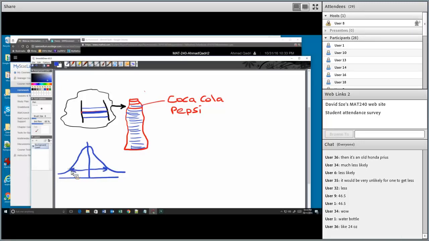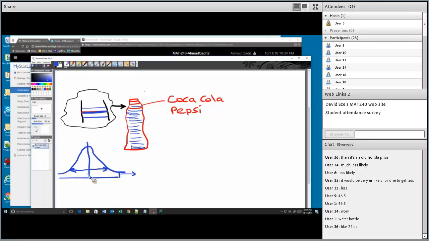Any water bottle, any Coke bottle, any bottle fills this way. The machines are not perfect at filling the bottle at the optimum level 100% of the time. So most times it will fill at the right level, but sometimes it will overfill. Obviously, the probability of overflowing the bottle is very low, because that's way beyond the optimum level.